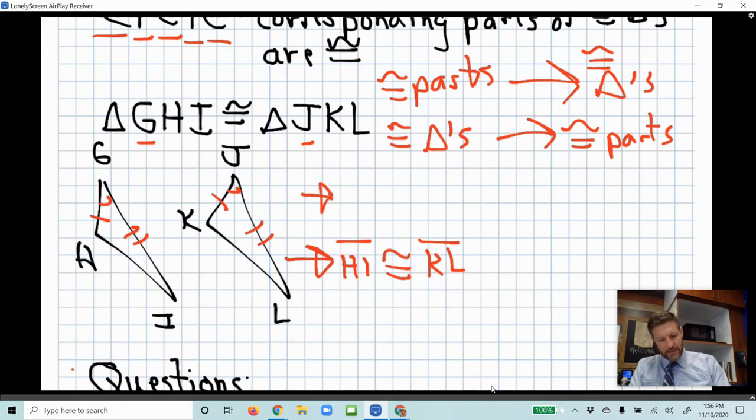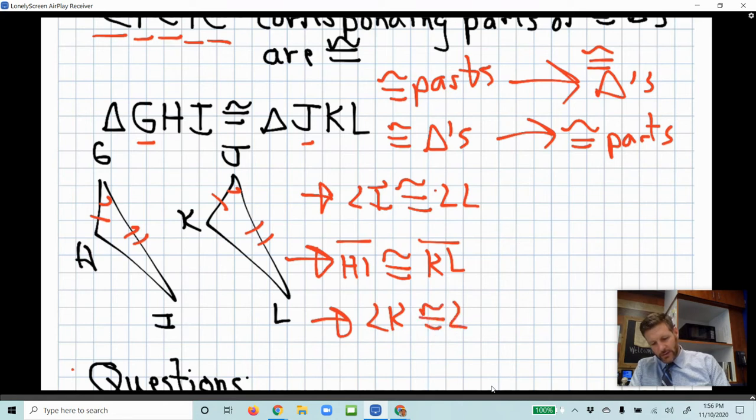You would also know that angle I is congruent with angle L. And you would also know that, let's see, what's the other missing? You would know that angle K, which corresponds to angle H, is congruent to angle H. So all CPCTC means is that once you know the triangles are congruent, you get to assume or logically conclude that all the other corresponding parts are also congruent.